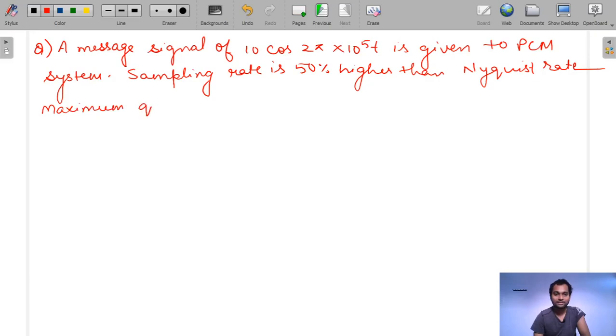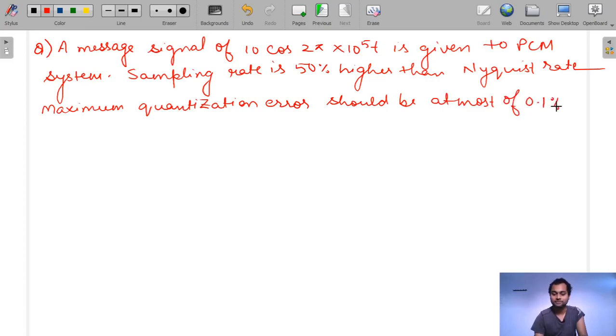Maximum quantization error should be at most of 0.1% of peak amplitude of the message signal.